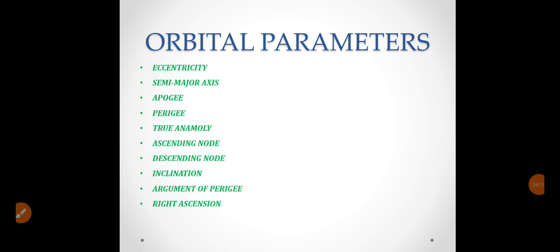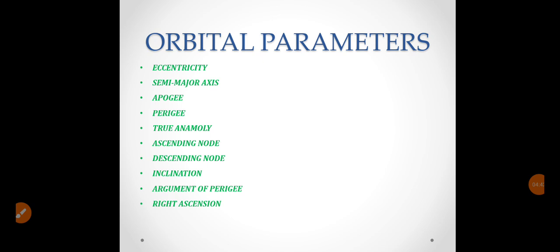True anomaly is the angle from the point of perigee to the satellite position, measured at the Earth's center. The next one is ascending node. The ascending node is the point where the orbit crosses the equatorial plane going from north to south.